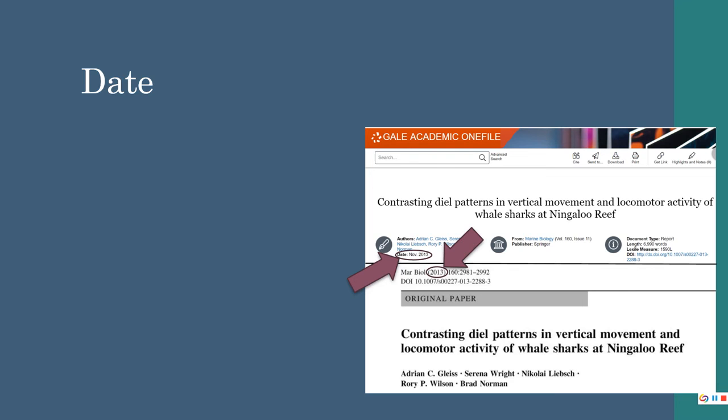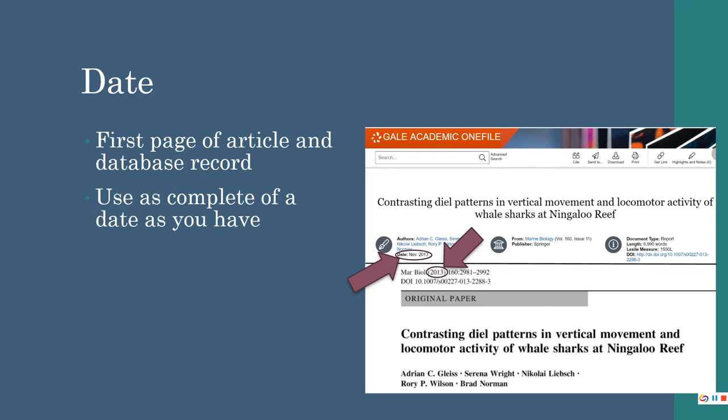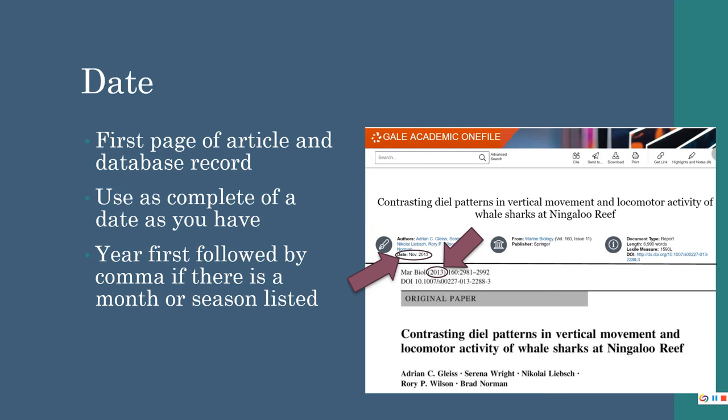The next piece of information in an APA journal article citation is the date of publication. You may need to look at both the first page of the article and the database to find the most complete date available, as the date is usually printed on the title page of the journal, which is generally not available. The elements of the date will be in the order of year, comma, month or season, date.